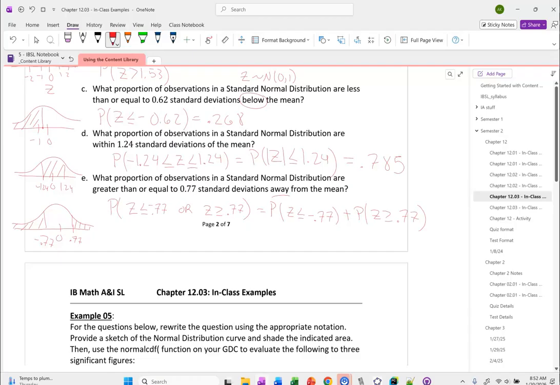Or you could make the following observation. What can we say about these two areas? They are the same area. Why? The shape of the graph of a normal distribution is symmetric.